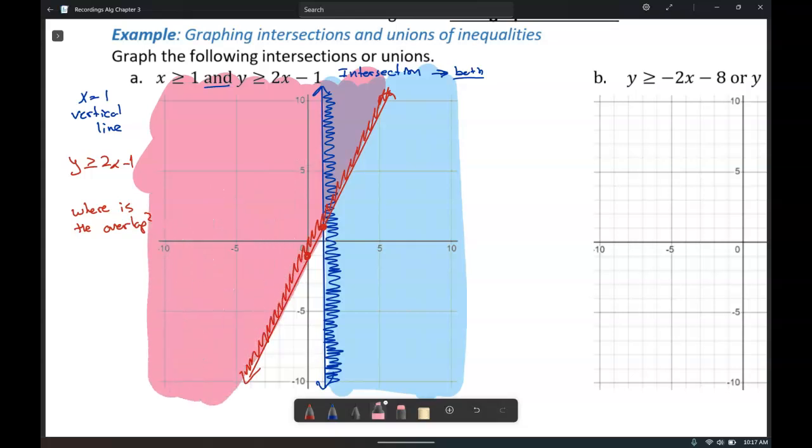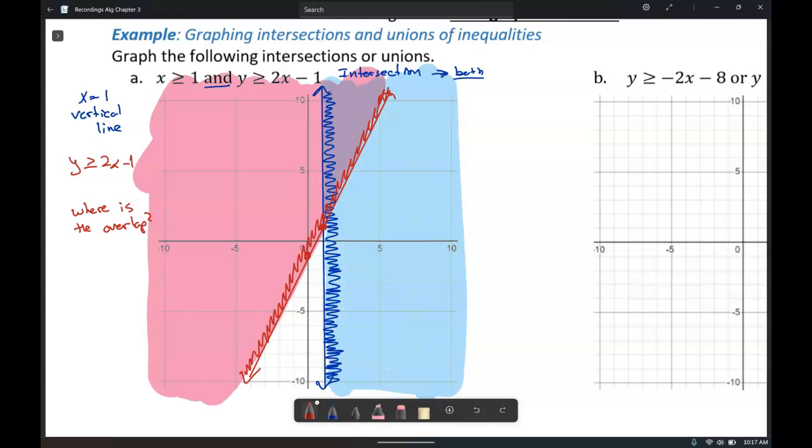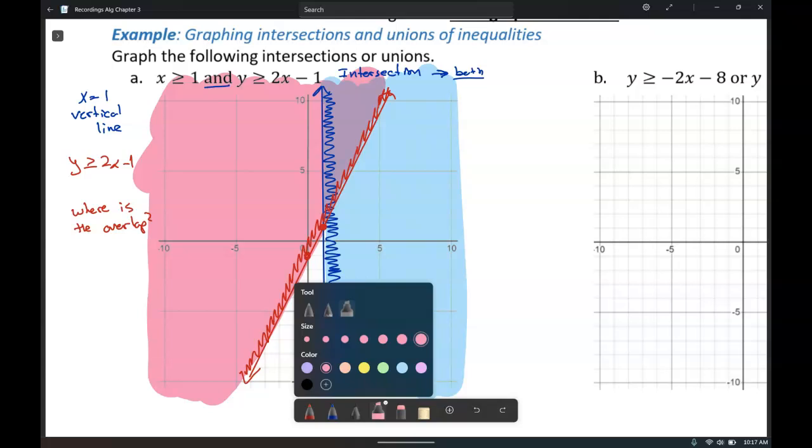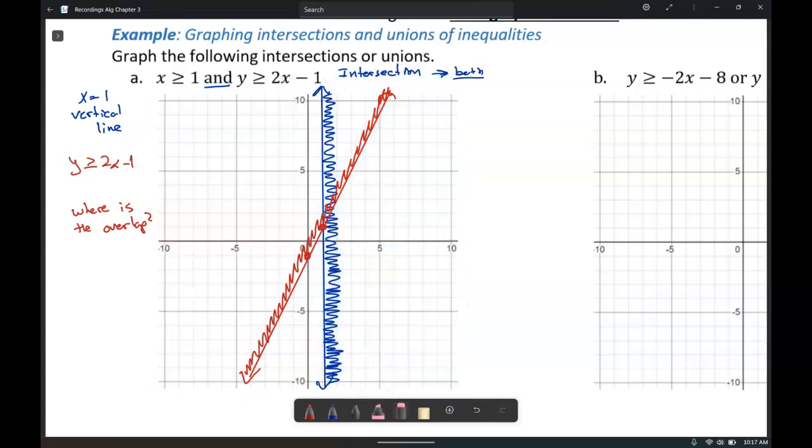So we can see how this darker region in the middle is where our solution set lies. Any point in that shaded region. So let me go ahead and get rid of our highlighting. And we can see that this purple region is where our solution sets lie.